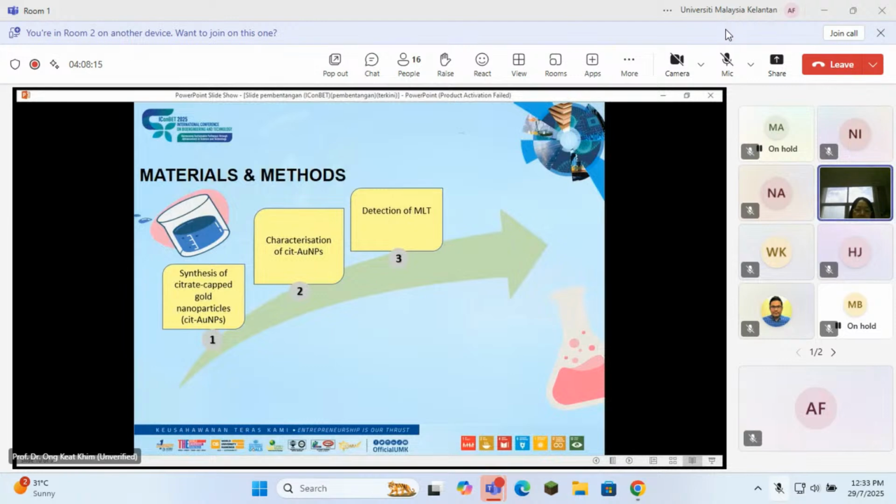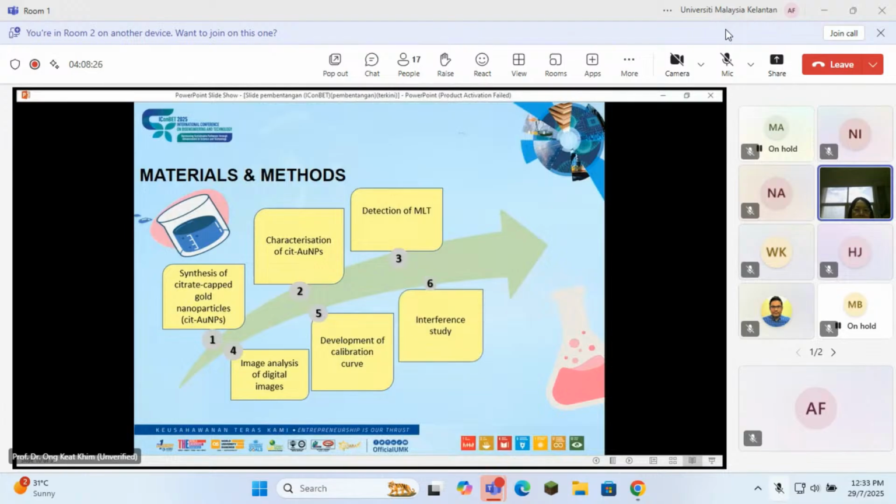Then we do the detection of malathion, followed by image analysis of the digital image that we capture. Then we develop a calibration curve before we do the interference study, and finally we conduct the malathion detection in real samples.